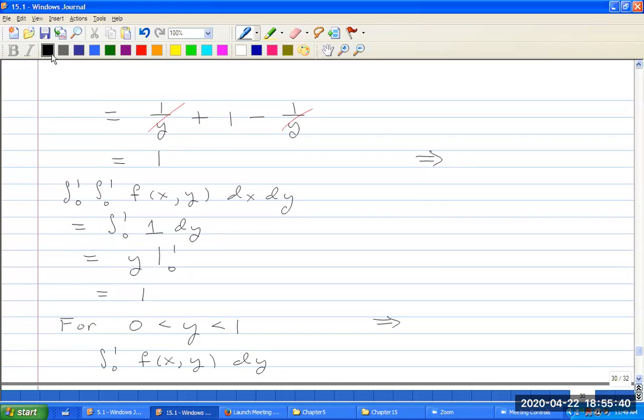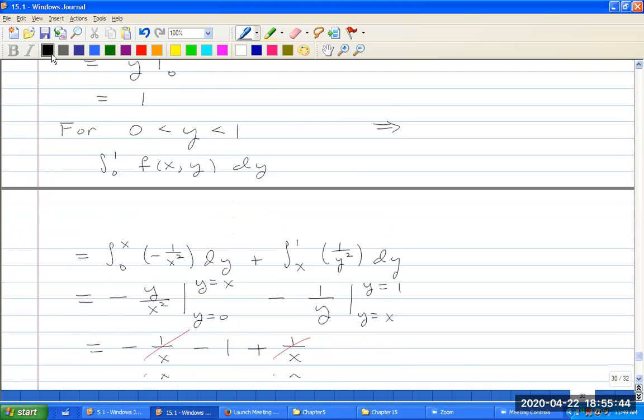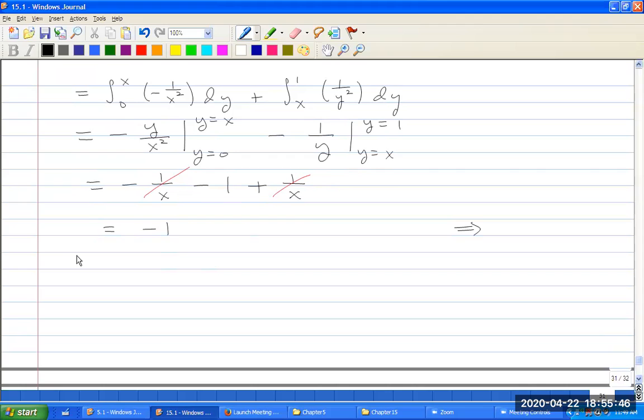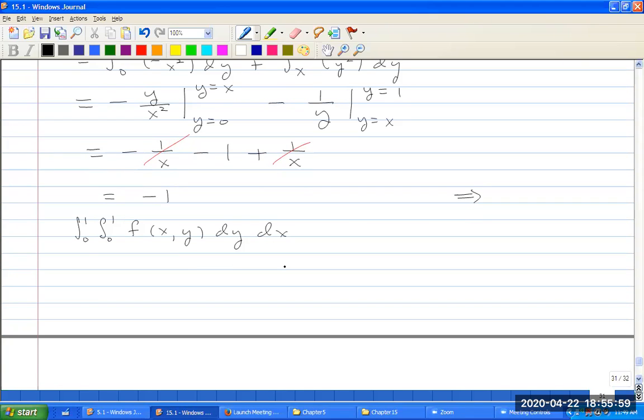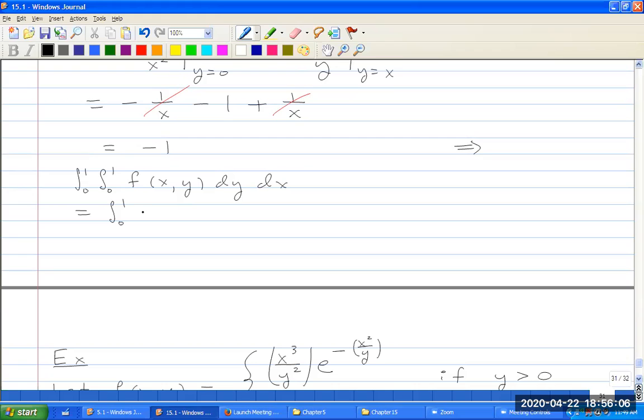Okay, so now let's do the integration. So I did y first, so let's do it the other way, x. So this is equal to the integral from 0 to 1. Well, we found that this integral is just negative 1 times dx.